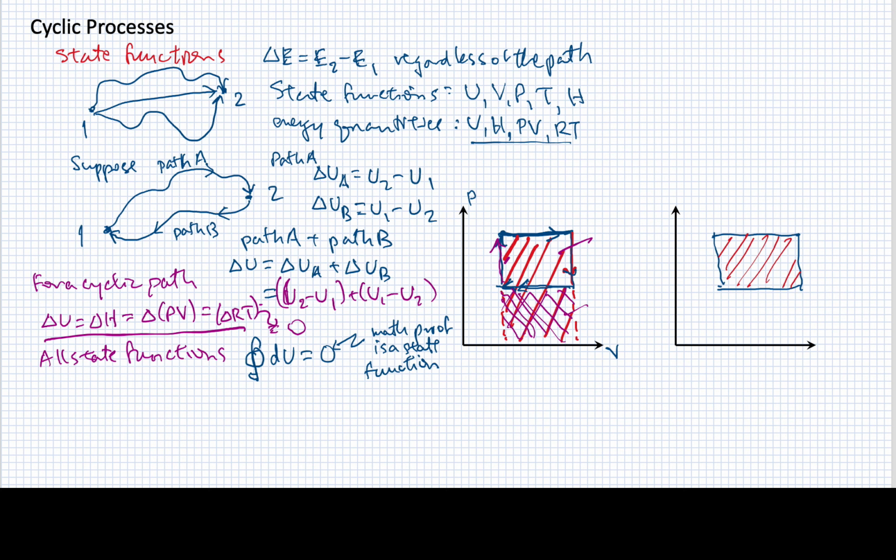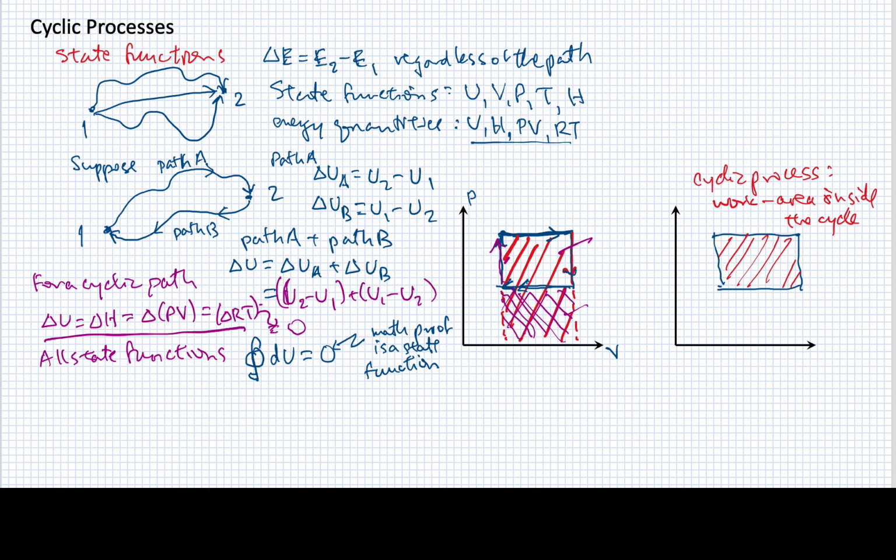So it's not going to involve the stuff below the box at all. And this is generally true of a cyclic process. So a cyclic process is going to have work as the magnitude of the area inside the cycle.